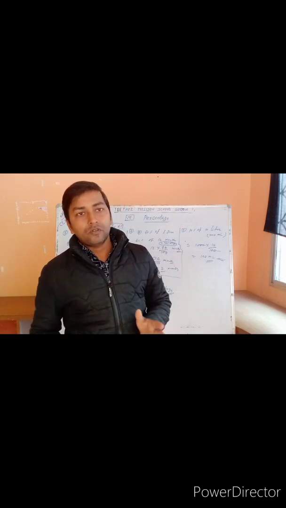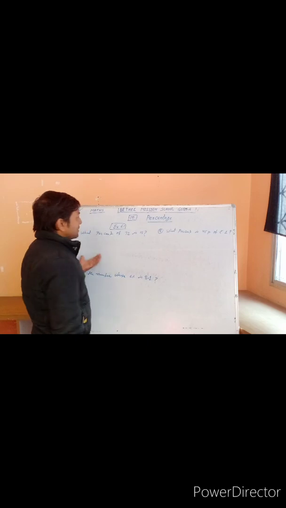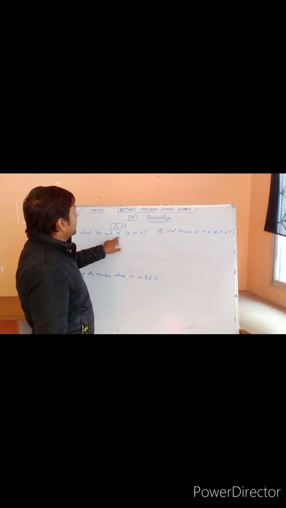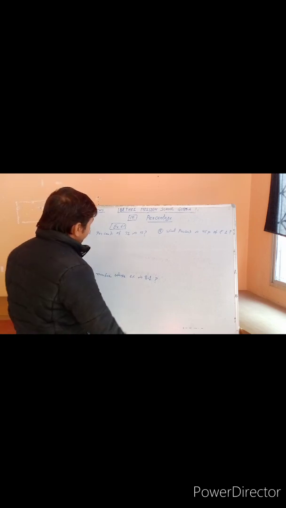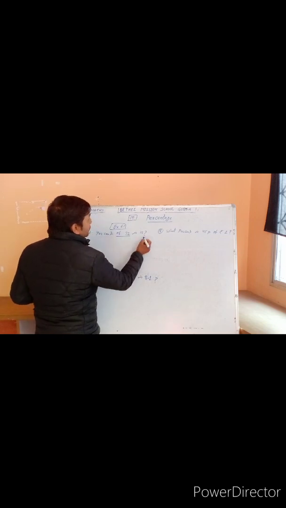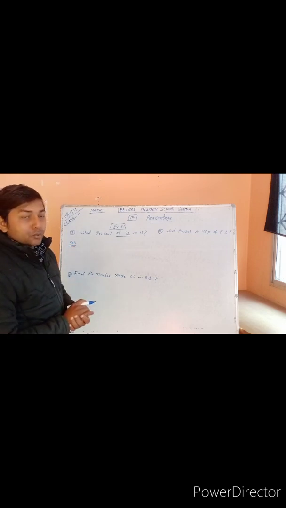Now I do some more questions. Now I have taken some more questions. 7th number question says what percent of 72 is 18? Okay, what percent of 72 is 18? Solution: what percent of 72 is 18?